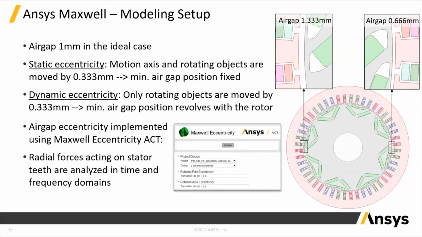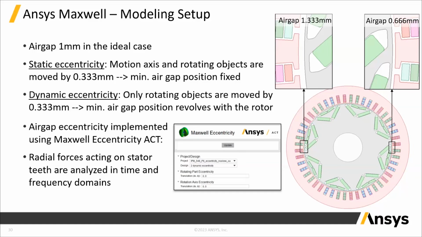To model dynamic eccentricity, only rotating objects are moved by 0.33 millimeters, and the minimum air gap position revolves with the rotor. And in both cases, the minimum air gap is 0.66 millimeters and the maximum air gap 1.33 millimeters. Eccentricities are implemented by the Maxwell eccentricity ACT, which is shipped with the ADT installation.